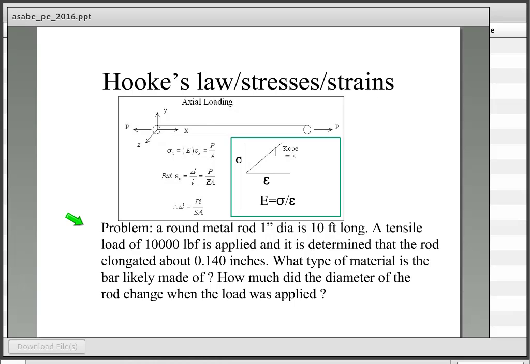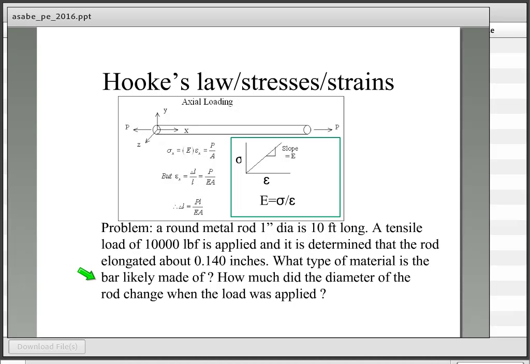So in this case, let's say we're applying a tensile load of 10,000 pounds force, and it was determined that the rod increased in length by 140 thousandths of an inch. The question is, what type of material is the bar made of?